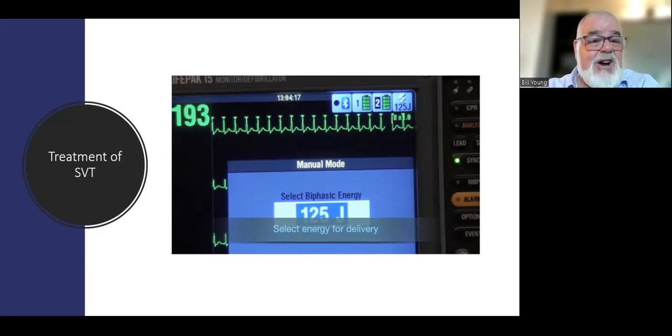Now, the chances are that if you were to do that when you're doing cardioversion, you would just simply turn your synchronization button off. You could defibrillate your patient, and your patient would resume.